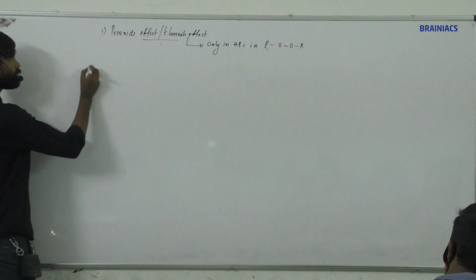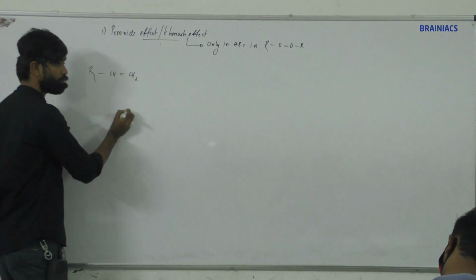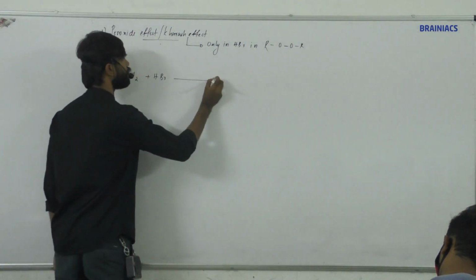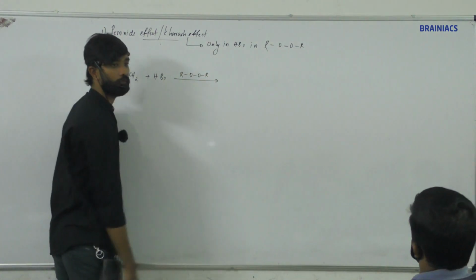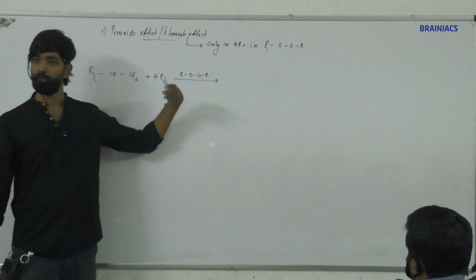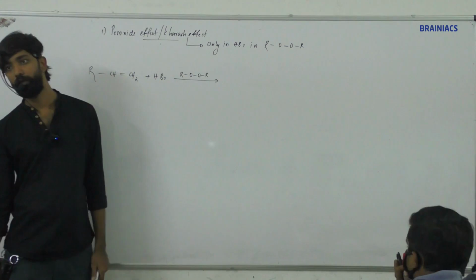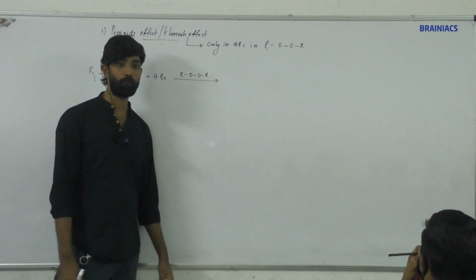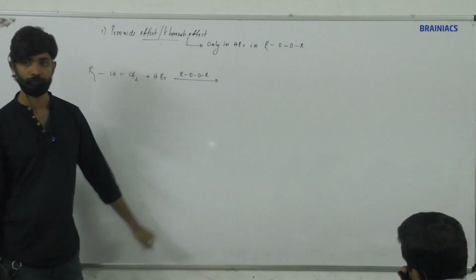That is, we have an alkene RCH double bond CH2 which on treatment with HBr in presence of a peroxide. R may be anything, it may be hydrogen also. If it is hydrogen peroxide, HOOH. R may be anything, there should be a peroxide linkage, that is a condition.